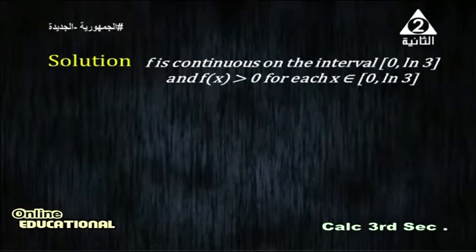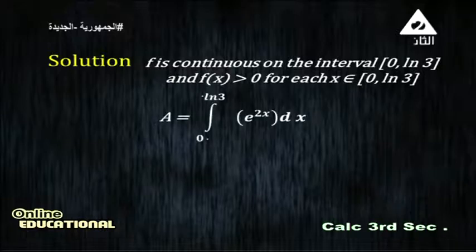First, this function e to the power 2x is a continuous function in the closed interval 0 and ln 3, and f of x is bigger than 0, or positive, for each x belonging to the closed interval 0 and ln 3.